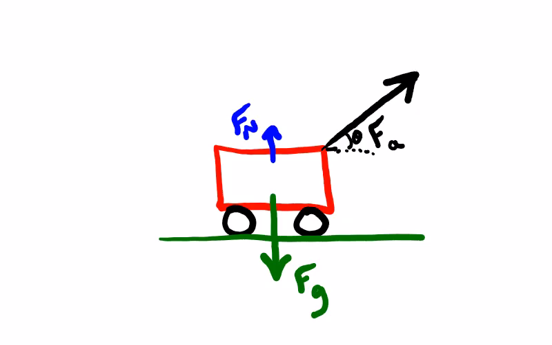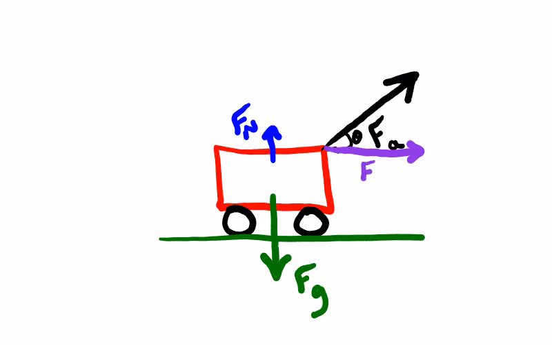So what I'm going to end up doing is taking my Fa and splitting it up into those two little pieces. So for example, let's do some purple here. We're going to take FA and find its horizontal component. So we're going to figure out how much it's pulling forward on this object.